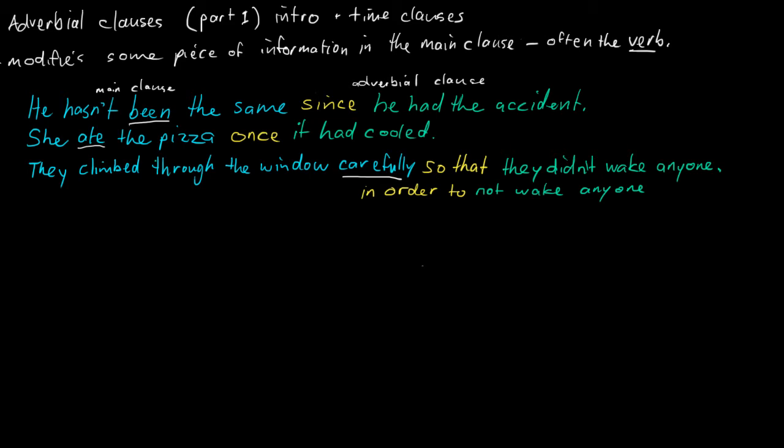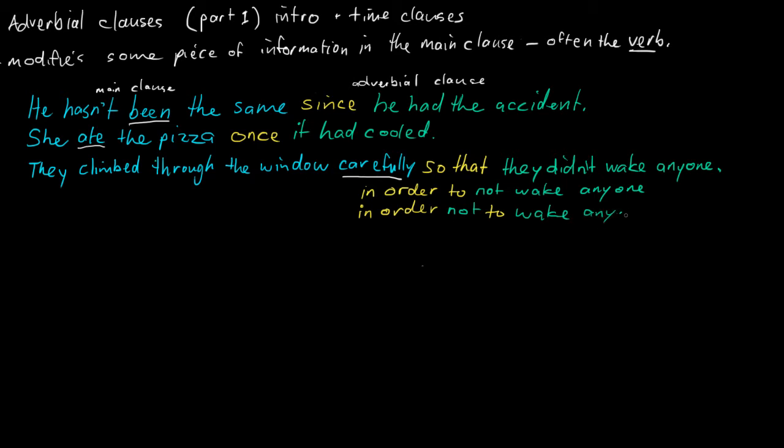Alternatively, and probably the way that I would naturally do it, would be to create it like this, and then actually put the "not" here: "in order not to wake anyone."